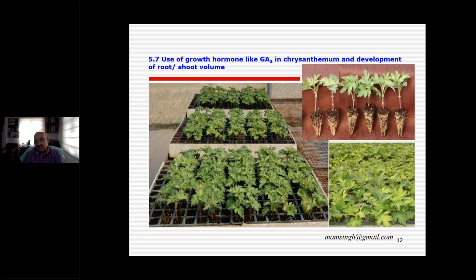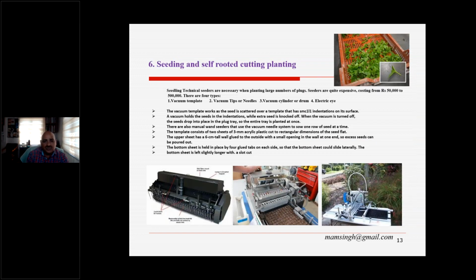It does not work when the temperature is very high, because the trays are very open in the air, and they are subjected to the high temperature in the ambient conditions. Therefore we need to know at what temperature or what time the rooting takes place. If we need any growth hormone which stimulates the growth of shoots as well as the root system, then GA3 has been very useful when there is a high temperature and we need fast rooting in the cuttings. So this is very important.